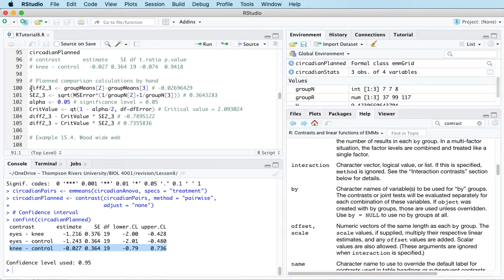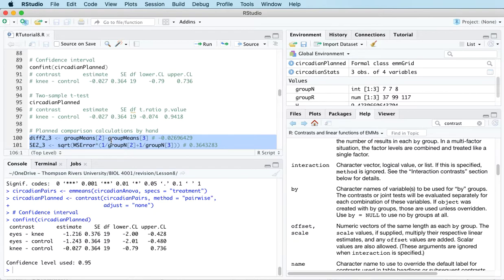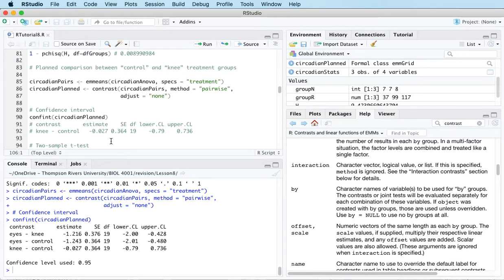Again, we can do these calculations by hand if we wanted to, and it can be worthwhile doing that the first couple of times you apply this technique, because it gives you a little more insight into what's going on. But in practice, once you're comfortable, you can just use this shortcut method that we just went through and look at the output without having to calculate all these numbers by hand.